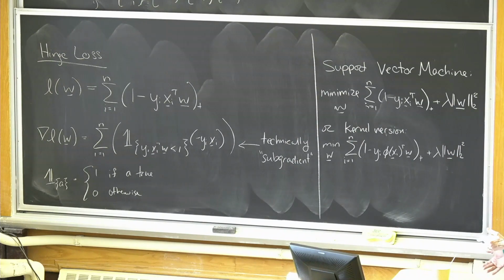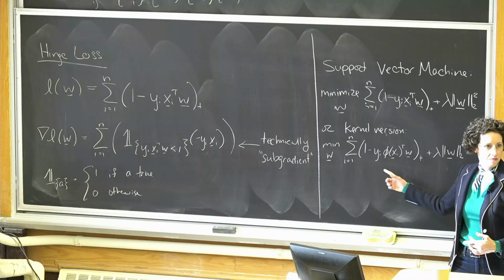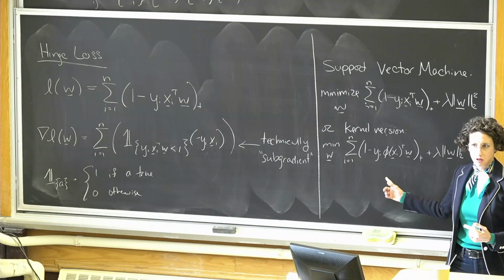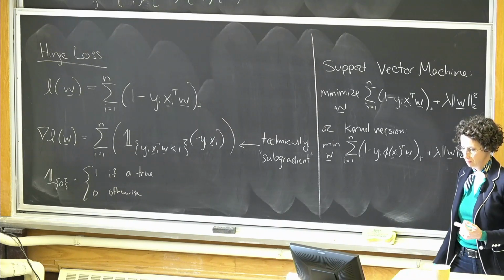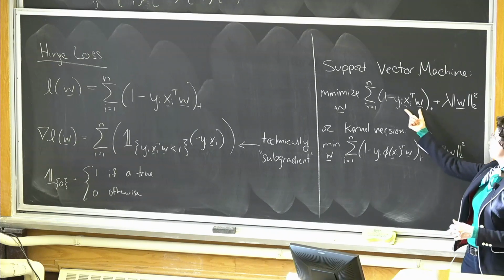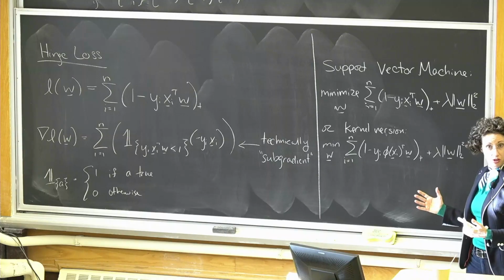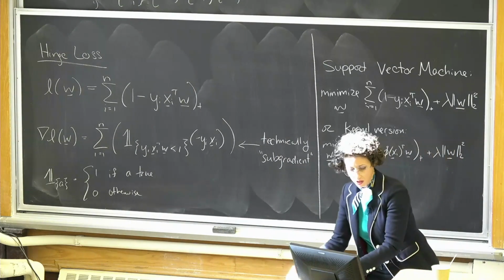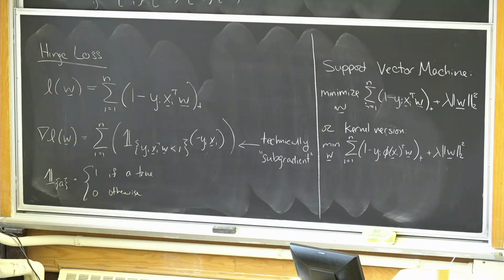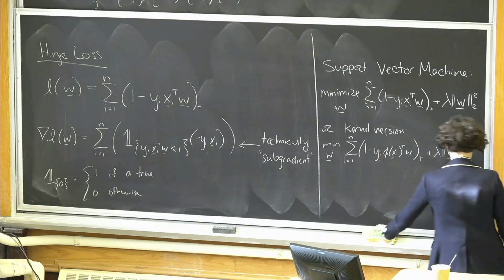Typically when people talk about support vector machines, they often are implying that they are using a kernel here. But this corresponds to a very simple kernel. So this is what a support vector machine is doing. It's pulling together the 2 norm regularization that we saw with ridge regression and hinge loss.